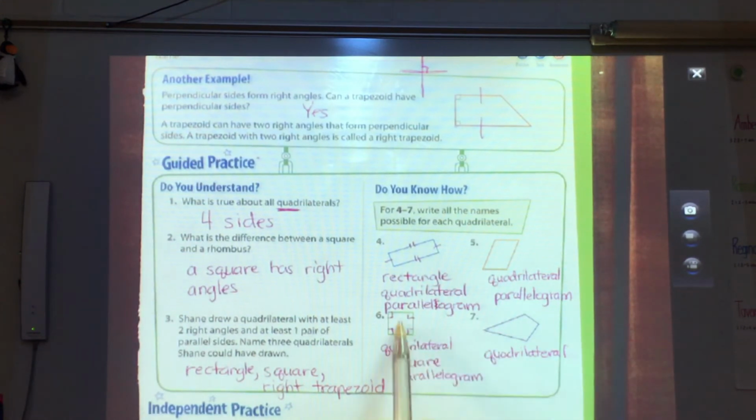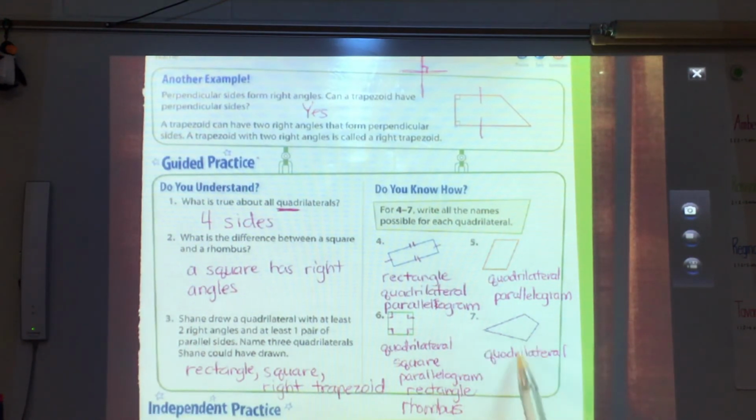So remember, a square is also considered a rectangle. So we have quadrilateral, square, parallelogram, rectangle, and we learned that a square is also considered a rhombus because it has 2 sets of parallel sides and the 4 equal sides.